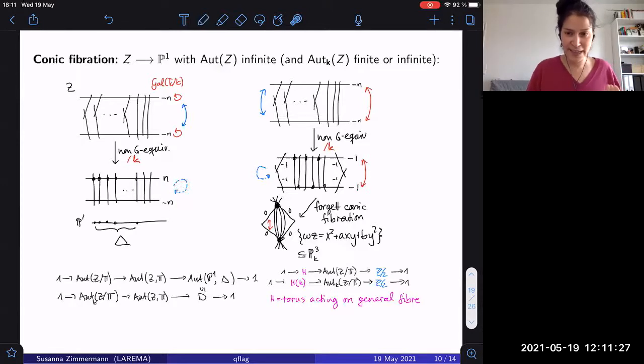But if this set is really minimal, this means that you have at least one automorphism that exchanges the components of a singular fiber. And in fact, you can construct an involution of Z that exchanges all of the components at the same time. Otherwise, you could contract some components equivariantly.